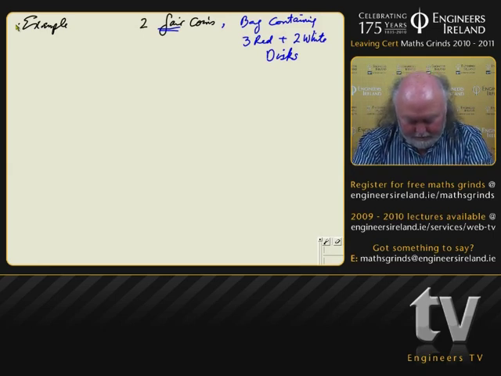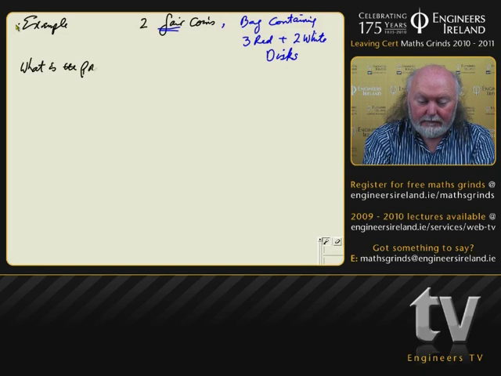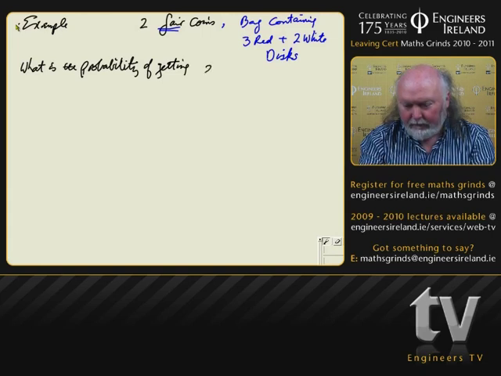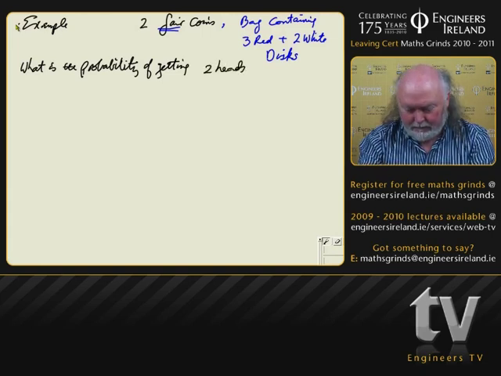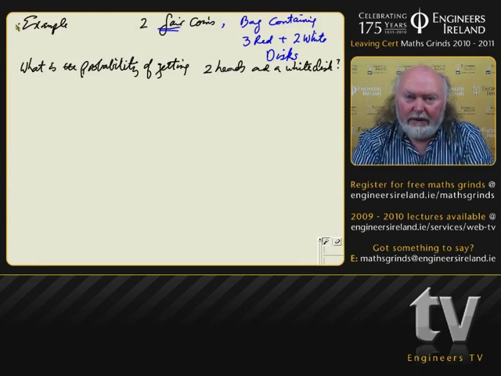What's the question? What is the probability of getting 2 heads and a white disc?